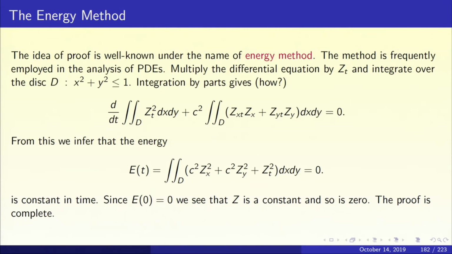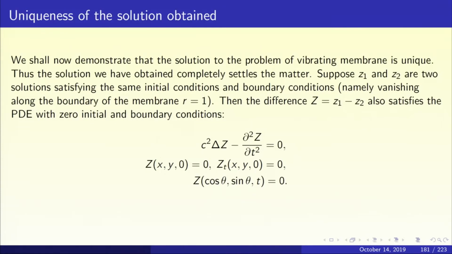So, multiply the differential equation by z sub t. So, we get c squared z_t Laplacian of z minus z_t z_tt equal to 0. Integrate with respect to the space variables exactly as we did for the one dimensional wave equation.